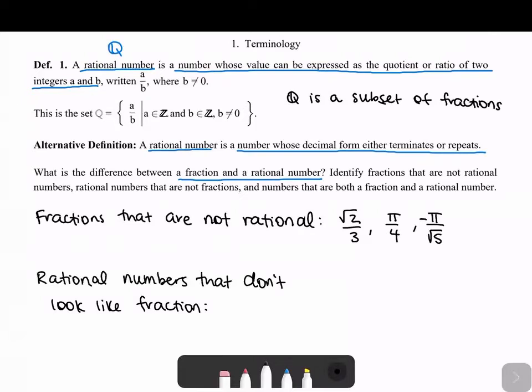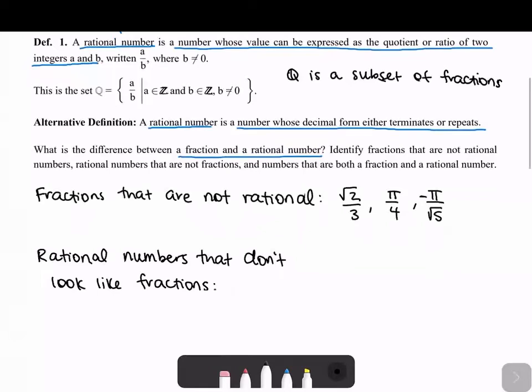And that's true. However, it's often that we think about rational numbers and we don't think about them as looking like fractions, because we have rational numbers as -1, 0, 7, -16. We have all of these numbers that are rational.